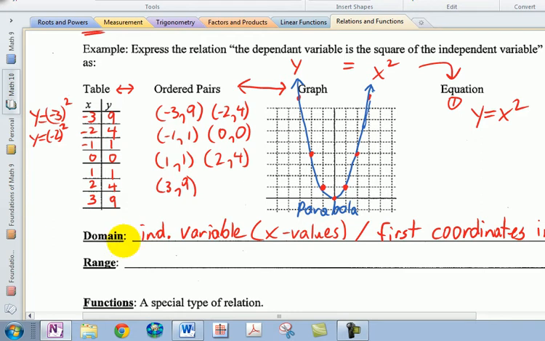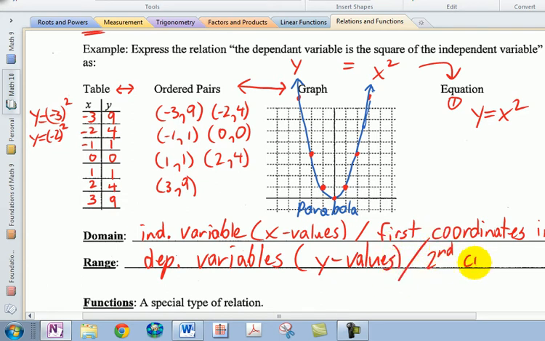Okay, the range is your dependent variables, and it's going to be your y values, which is the second coordinate in the ordered pairs.